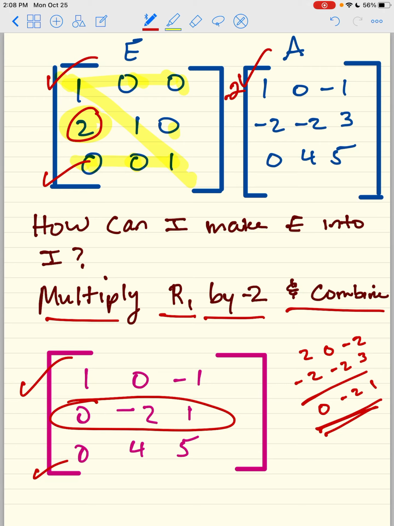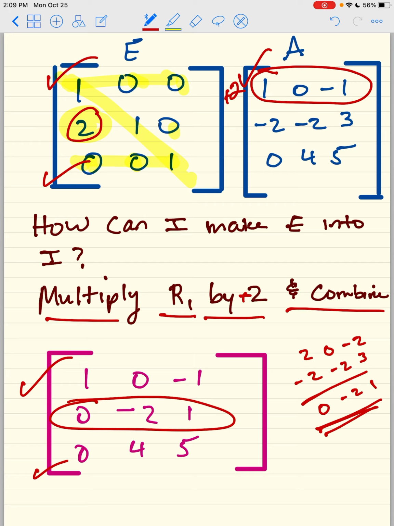So what I want to do is times this by -2, and then combine that with this person here. I think I combined by a +2. So let's see, yeah. So I multiply this by 2. I don't know why I wrote -2. So multiply this by +2 and then just combine them.